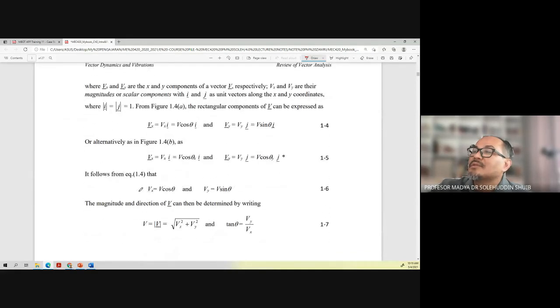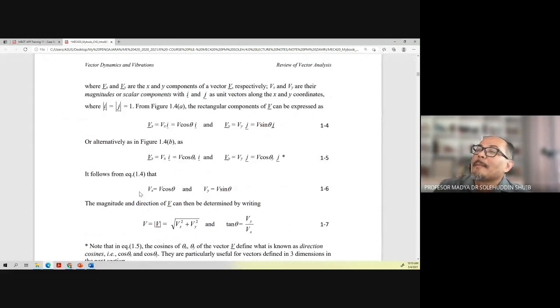Okay, and the rest shows you the component of Vx. Just now Vx will be cosine theta and Vy be sine theta. And then for you to find the magnitude and the direction of V, you square root of both, which is Vx squared plus Vy squared, you square root of both, and then you find the angle theta here, which is inverse tangent.